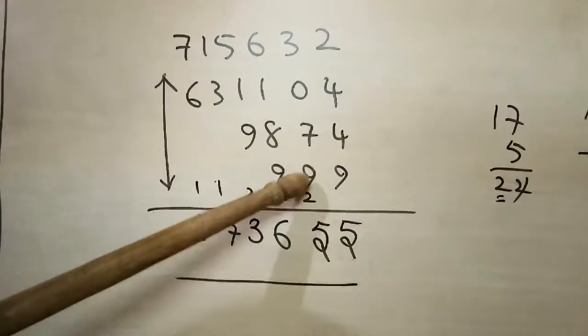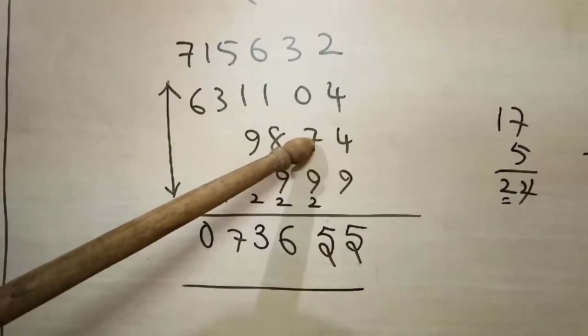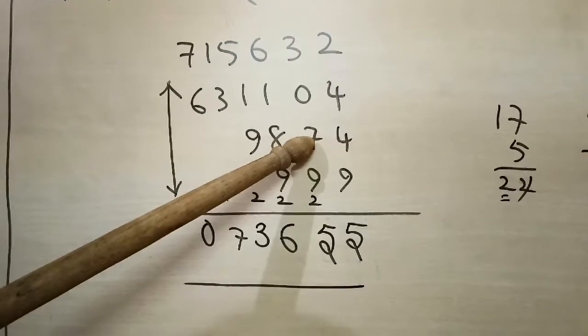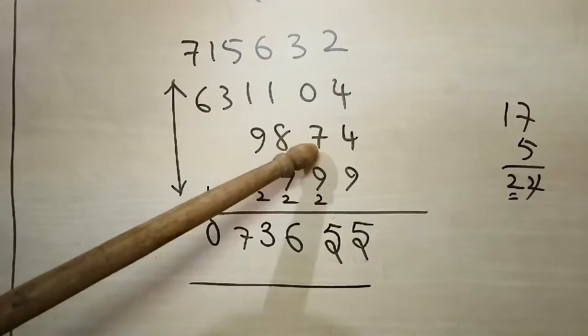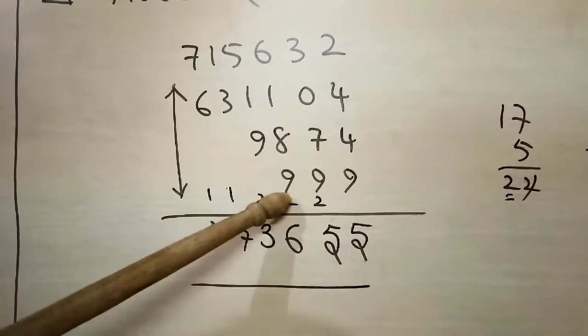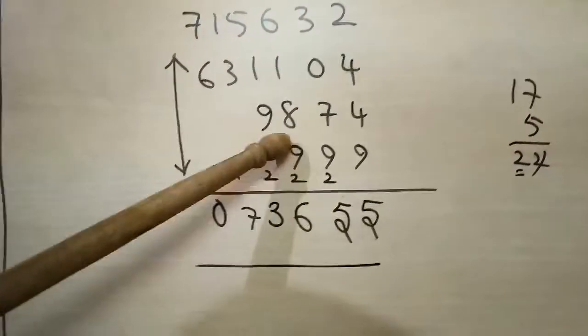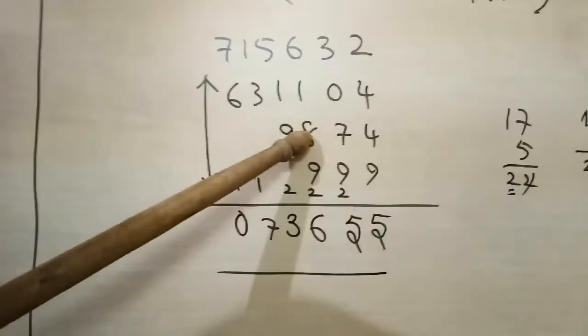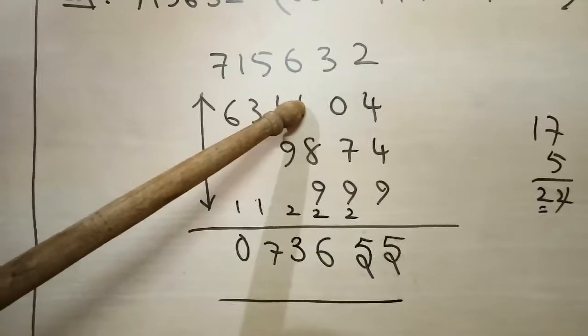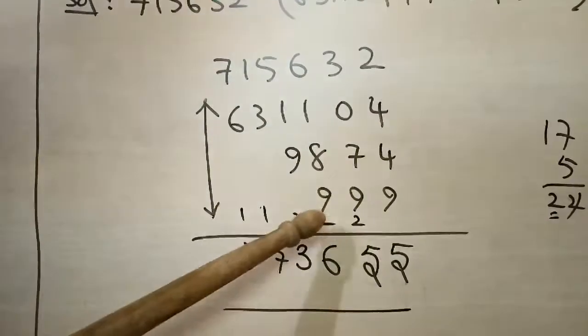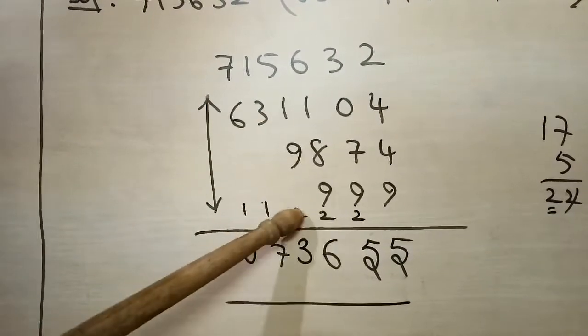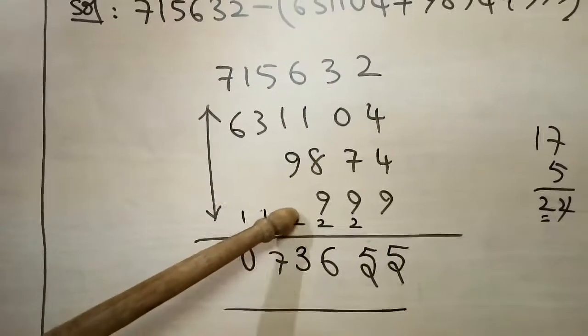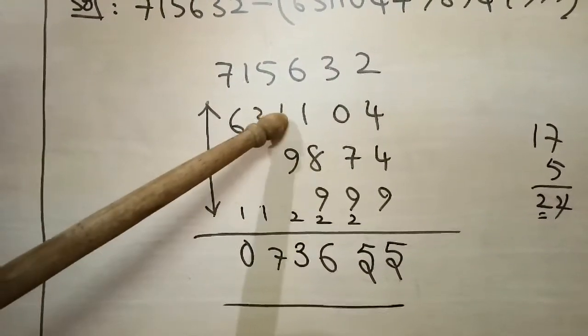See, 2 plus 9, 11, 18. 18 plus 5, 23. 2 plus 9, 11, 19, 20. 20 plus 6, 26. 2 plus 9, 11, 12.